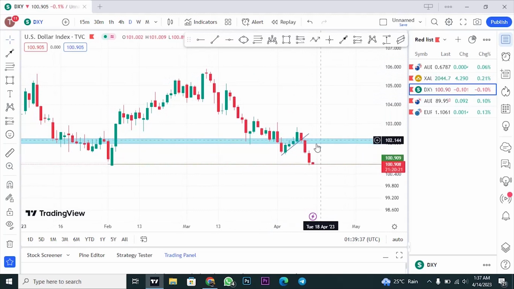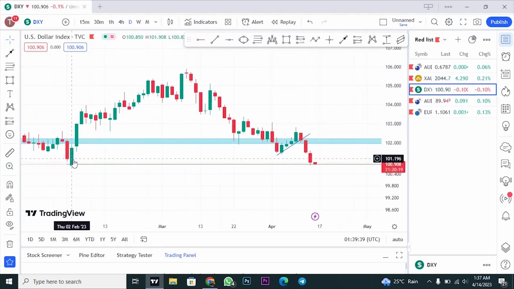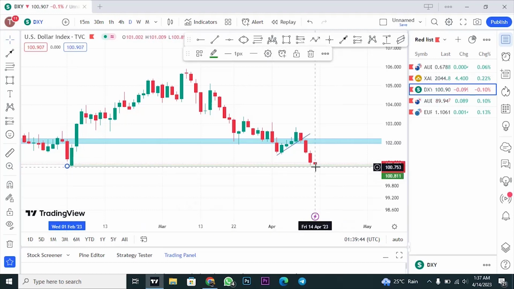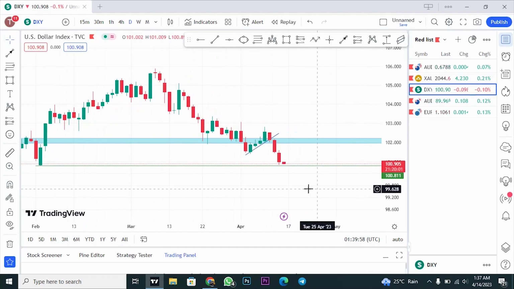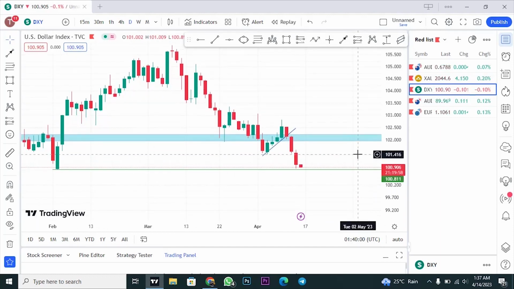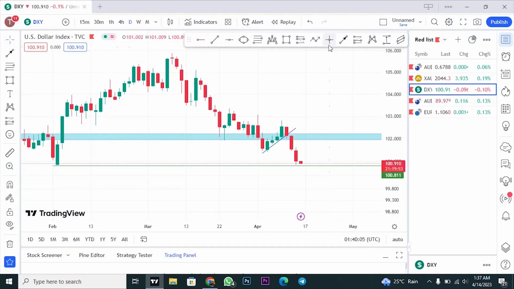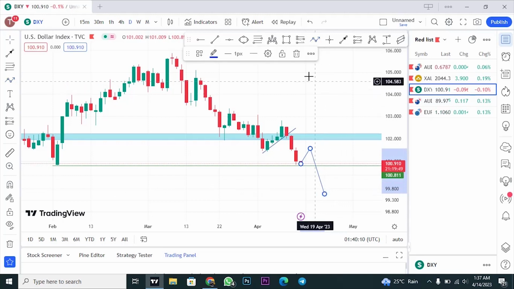So now you can see I have another support right at this level, so that was my target for where DXY would push after the break of this trend line, and it has done that already. So now what I'm looking forward to for DXY is a retrace back a little bit before another impulse to the downside.